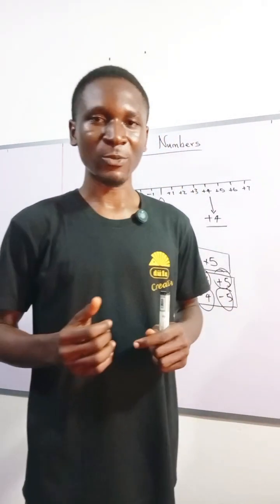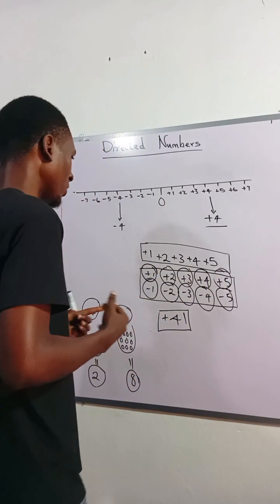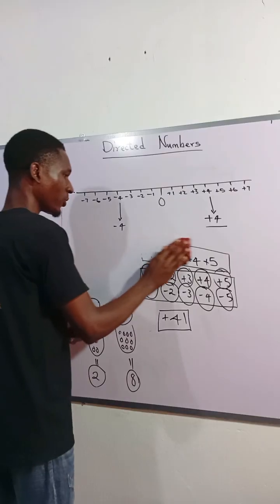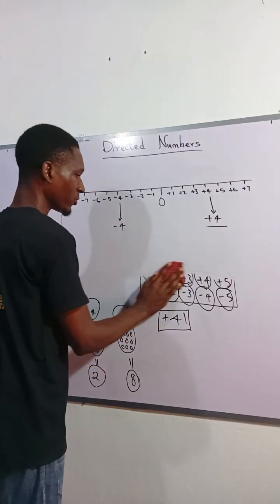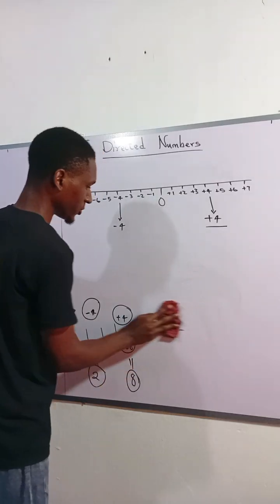Now, how do we add directed numbers? We can add directed numbers, we can subtract them, we can multiply, and we can divide. This is where some confusion normally comes. So you have to focus so that you don't become part of that confusion.